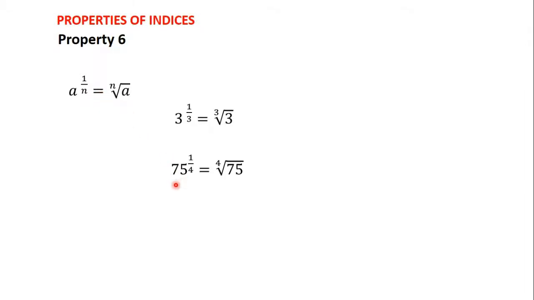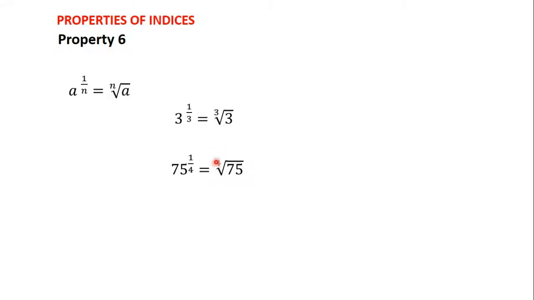In the same way, if you have 75 exponent 1 over 4, it is equal to the 4th root of 75. You write 4 here, which in this case represents n. If you compare, you can see that 4 represents n here. You write 4 as a small number, then you write the root sign and you write the 75 under it. This is the 4th root of 75.